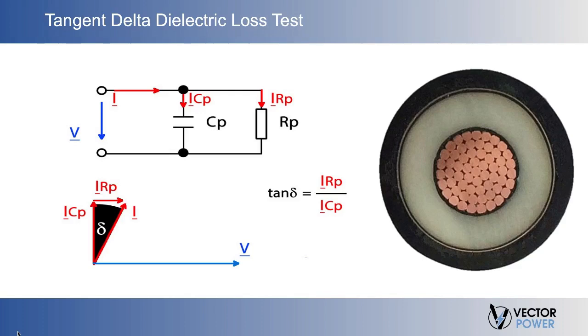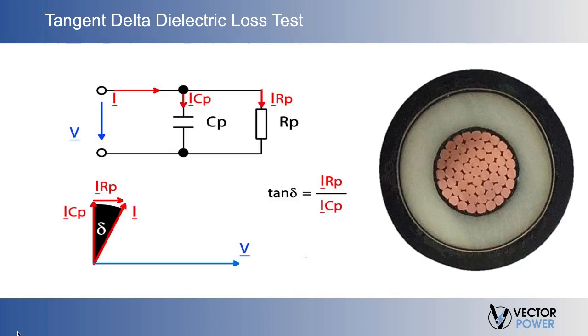The current and the voltage will no longer be shifted 90 degrees. In fact, the shift will be something less than 90 degrees, and the extent to which the phase shift is less than 90 degrees is indicative of the level of dielectric losses and insulation contamination, hence quality and reliability.